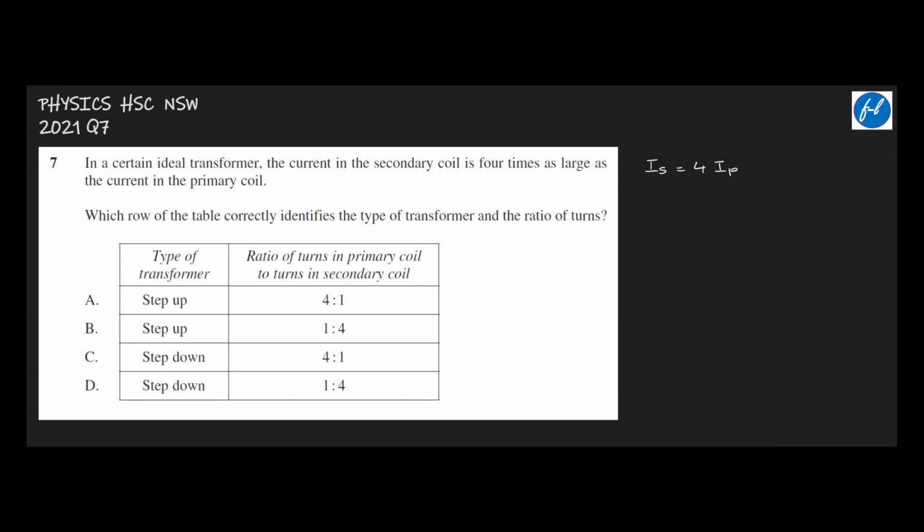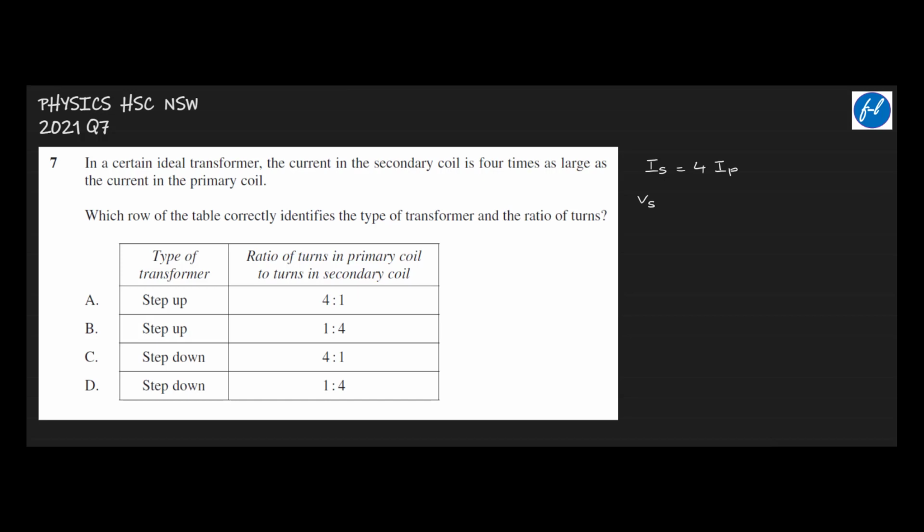And we have to remember one thing, that step up or step down is easy to remember with reference to the voltage. So we need to find the voltage, but voltage is not given. So you should remember the formula.